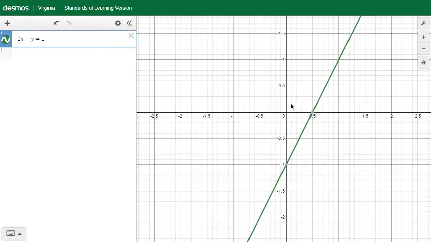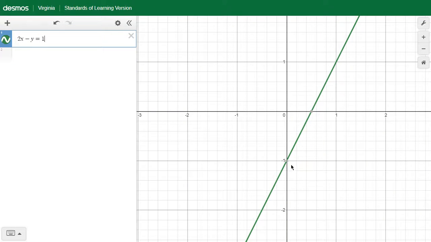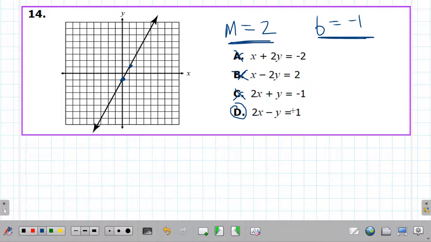So if everything's 1 here, you can go from here to here. So that means we go up 1, 2 over 1, okay. So once again, that means we have the slope of +2, and that's exactly what we needed. So the answer here is, in fact, D.